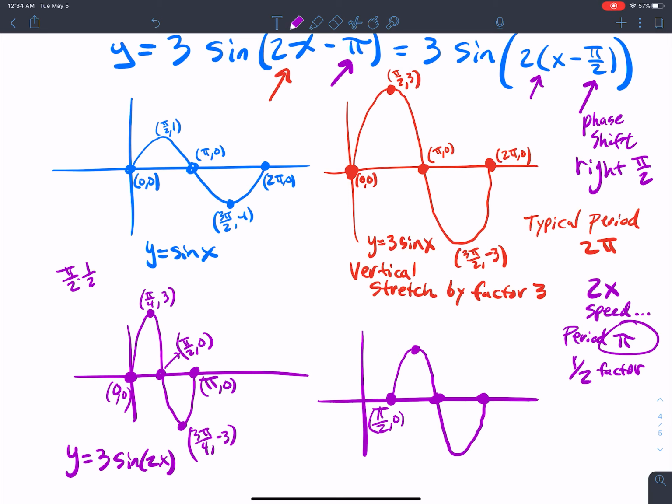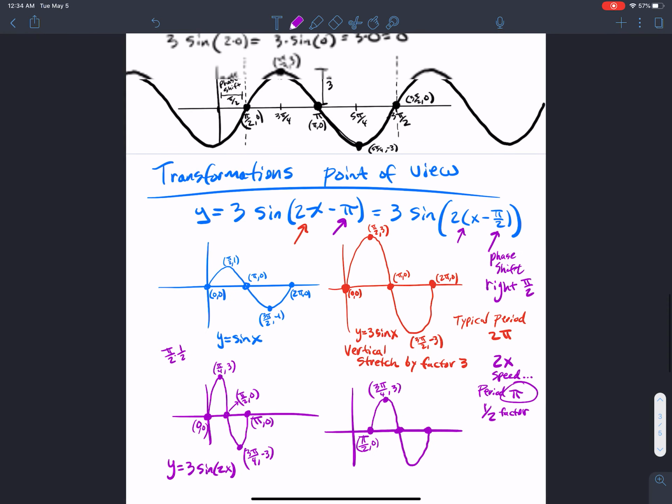Okay, and then we get our 3 pi over 4, comma 3. And we get our other values. We get our pi, 0. We get our 5 pi over 4, comma -3.